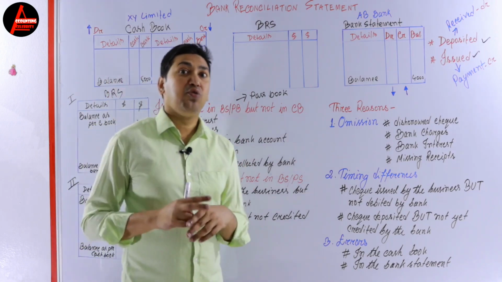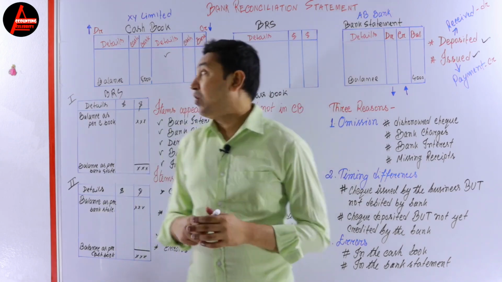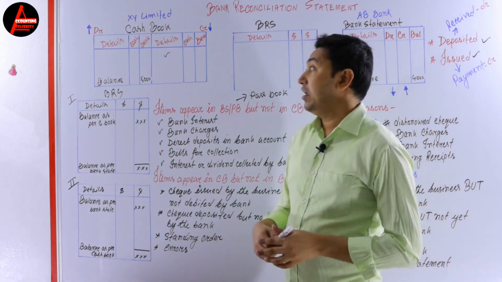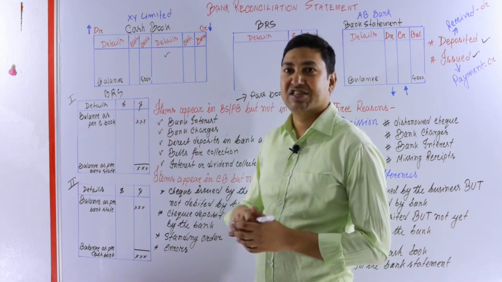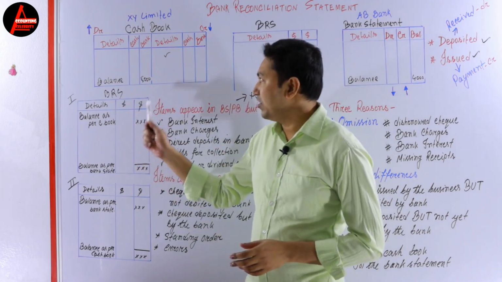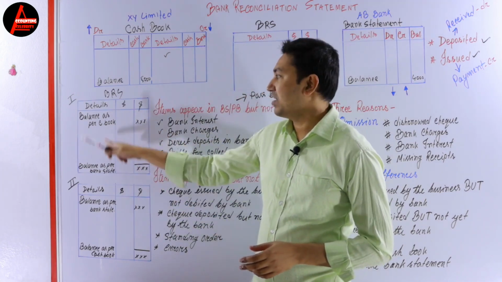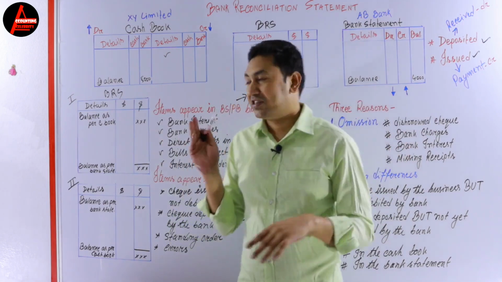Okay, so there are two ways to prepare this BRS. Number one, you can start your BRS with the balance of the cash book. Here the cash balance is 5,000 for example. So you start with this balance. Now you adjust all the errors or transactions here.